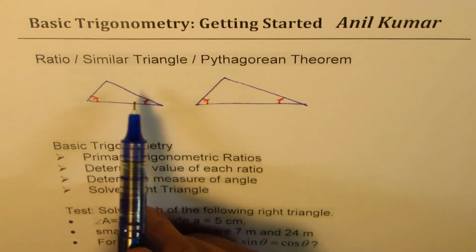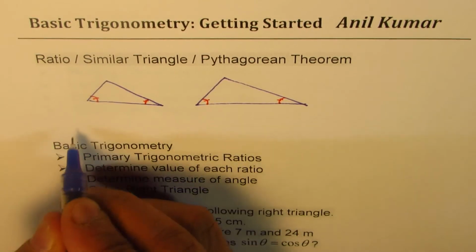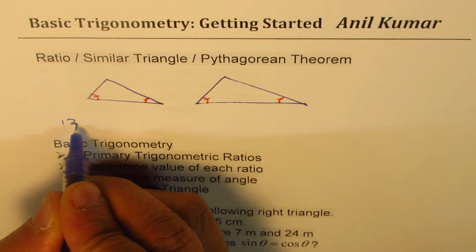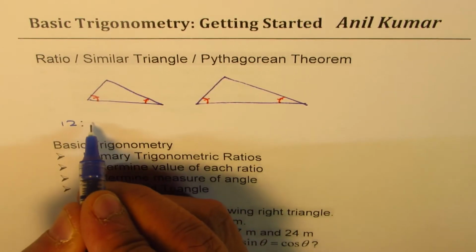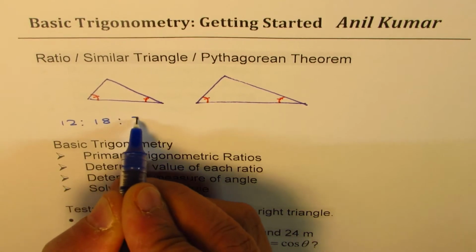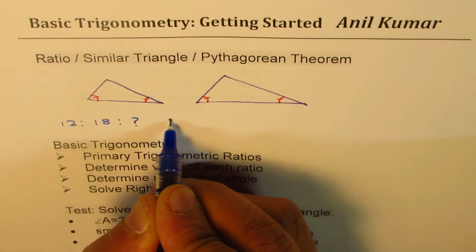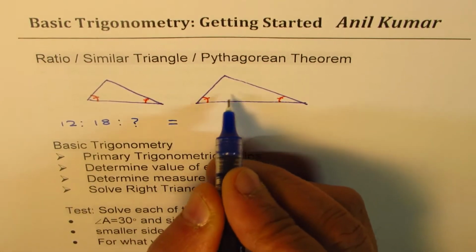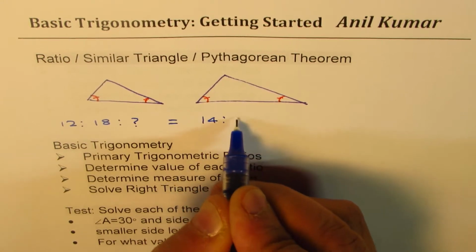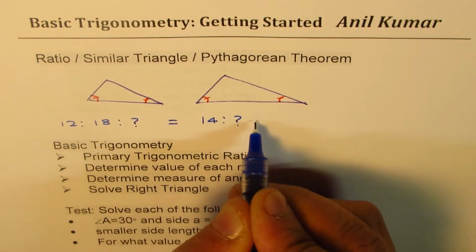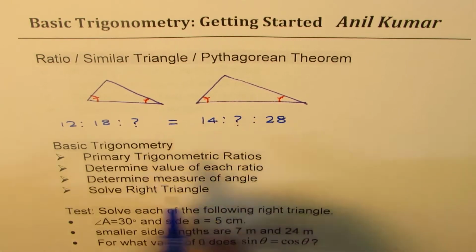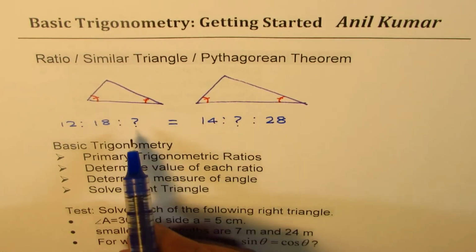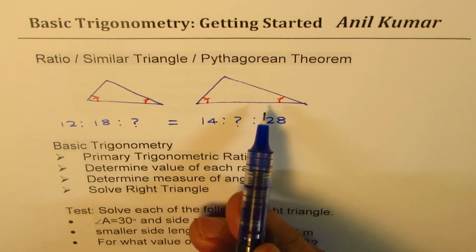So let me write down their sides in the form of a ratio. That is 12 is to 18 is to one unknown side for this triangle. And since they are similar, I could write this as 14 is to an unknown, and that one is, let us say, 28.